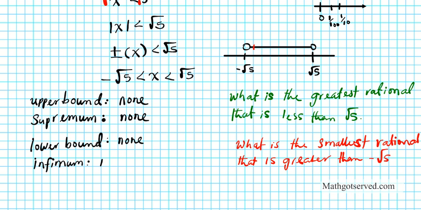Had it been that we had a rational number here, that number would be one of the bounds, and that would be the supremum or infimum. So when you have rationals bounded by irrationals, then you may not have a supremum or infimum in the set of rationals. So there goes your answer for this situation.